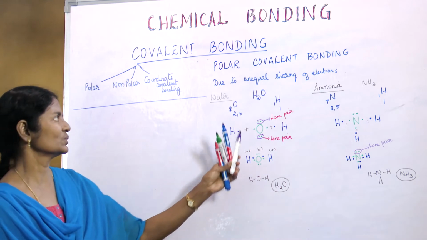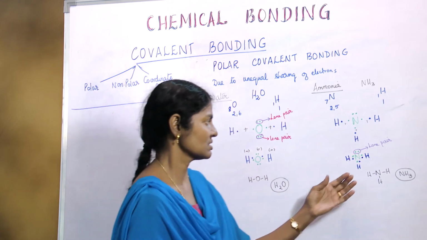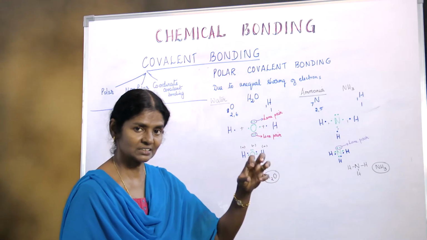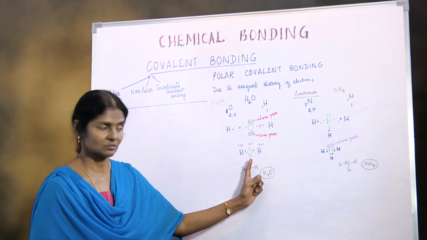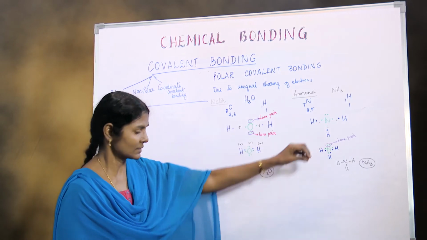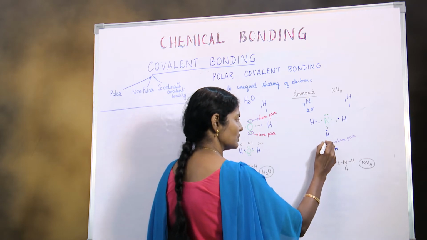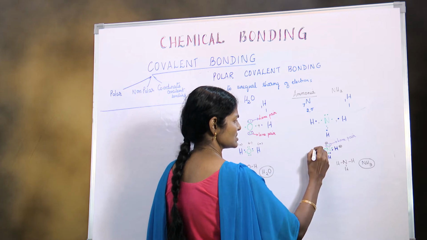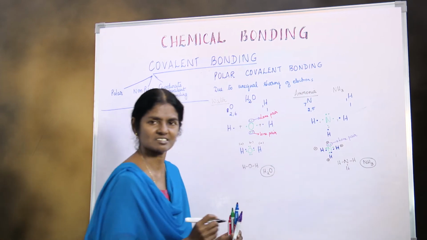So this is how unequal sharing happens. Why we say this is because here again nitrogen is more electronegative, just like oxygen. So it pulls the electrons towards itself, thereby a negative charge is formed on the nitrogen, whereas all these atoms would get a positive charge.